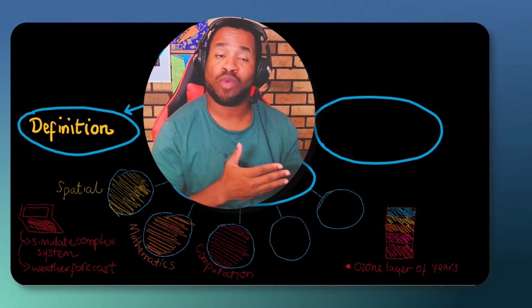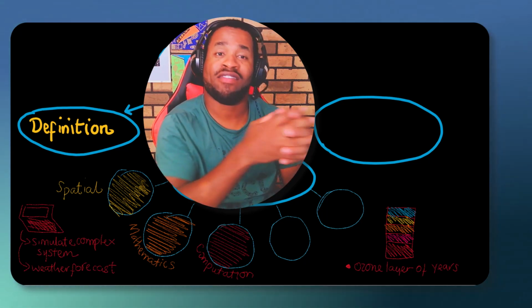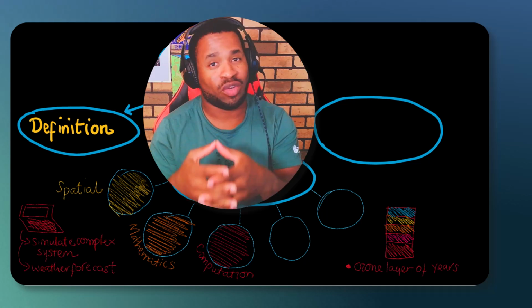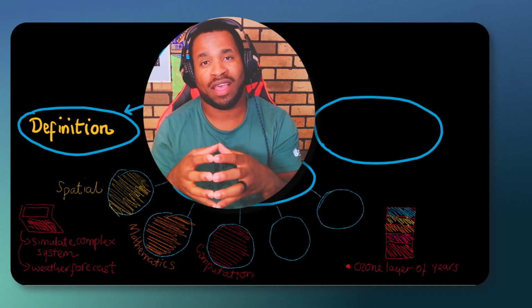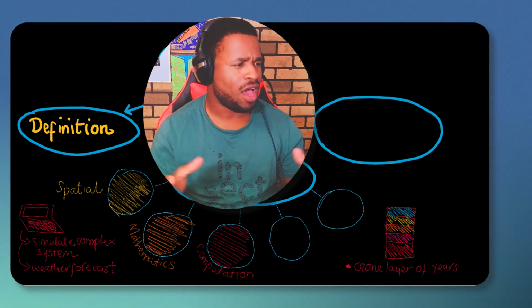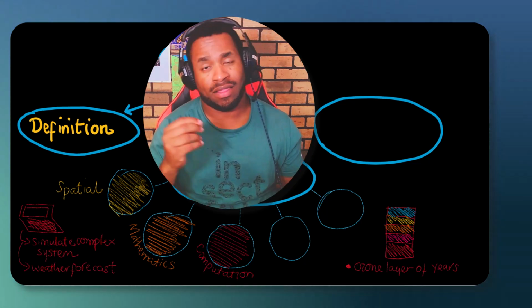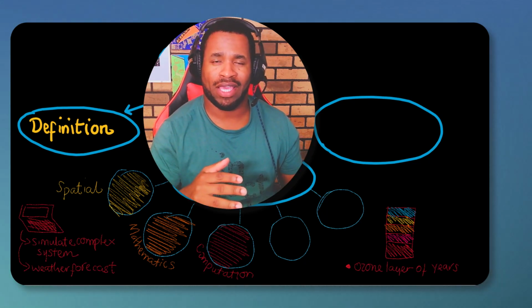And that is one way of being able to see a simulation that is generated by a computer that represents a complex system. Another example would be the ozone layer.